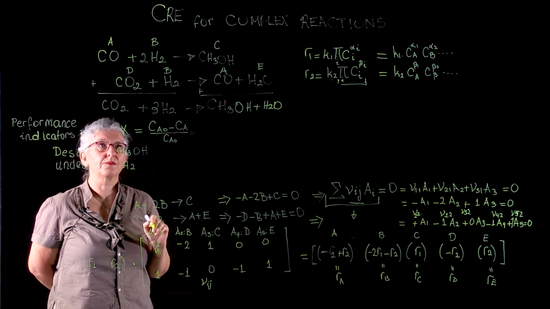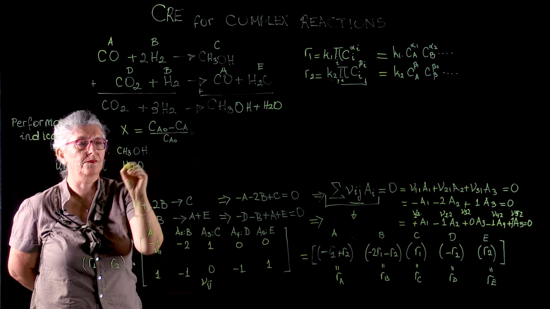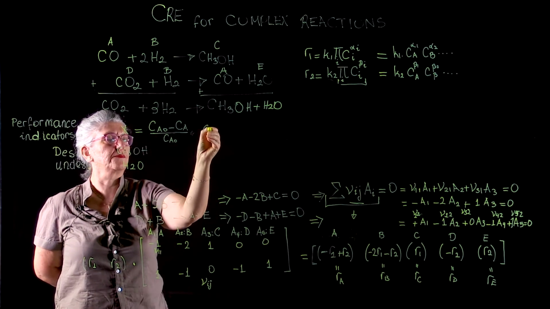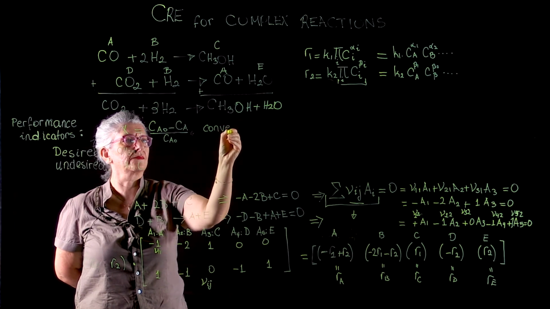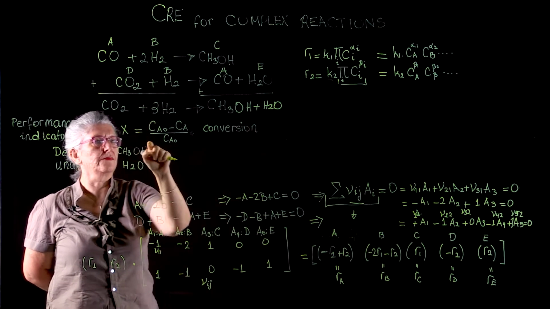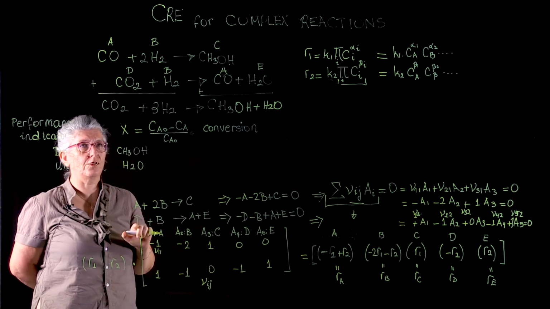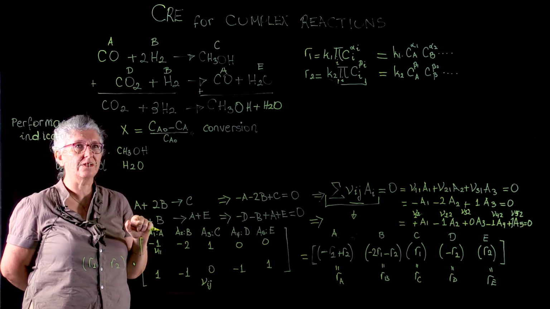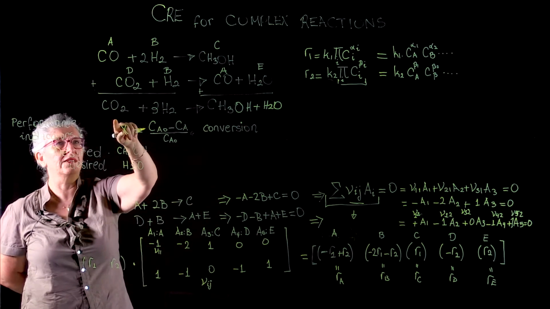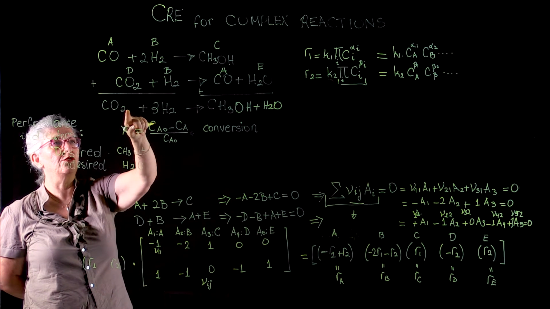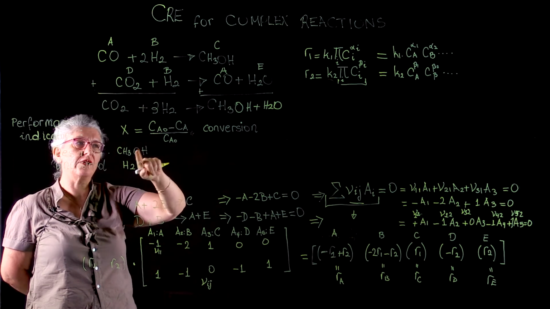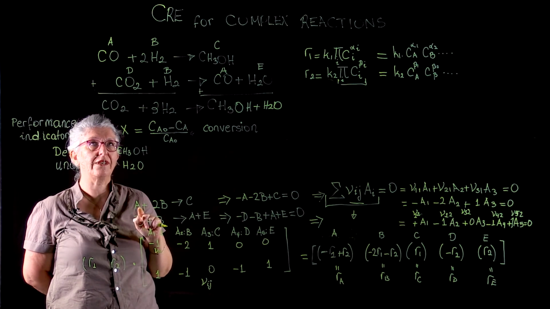So, the conversion can be defined for the principal reactant. If we look at the net reaction, or if we have chosen to write this reaction in terms of carbon dioxide, we could have defined conversion for carbon dioxide.